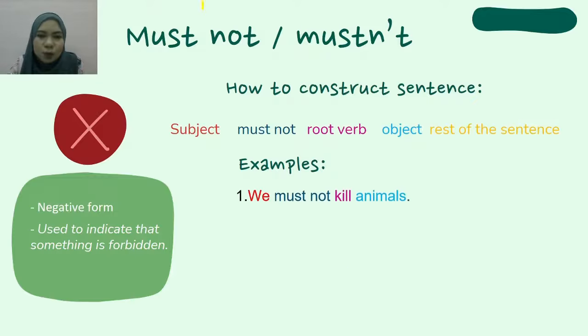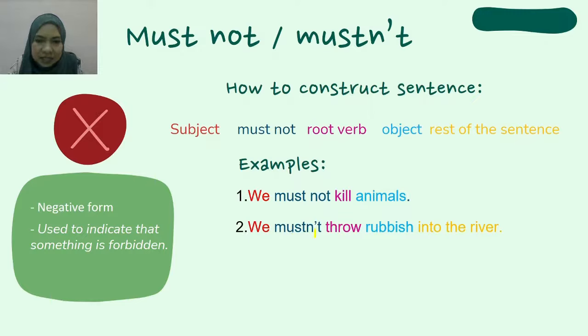Okay, examples number 1, we must not kill animals. Okay, we, subject, must not, root verb, kill, object, animals. Okay, number 2, longer sentence, we mustn't throw rubbish into the river. Subject is we, must not or mustn't is the same thing. Root verb, throw, object, rubbish, rest of the sentence, into the river.